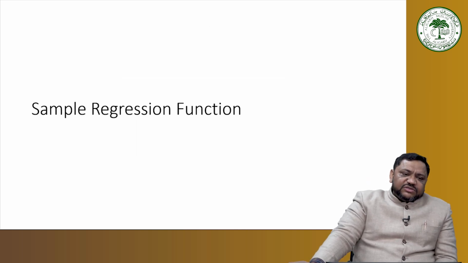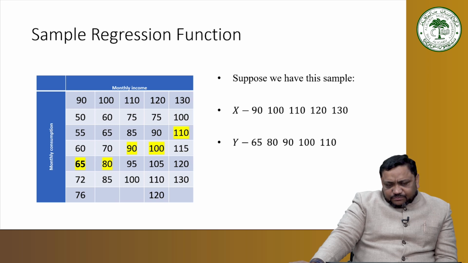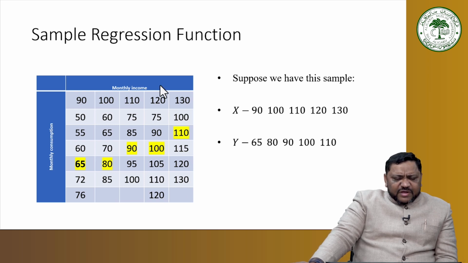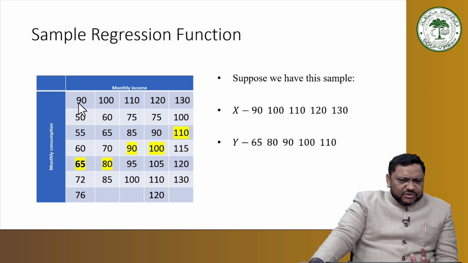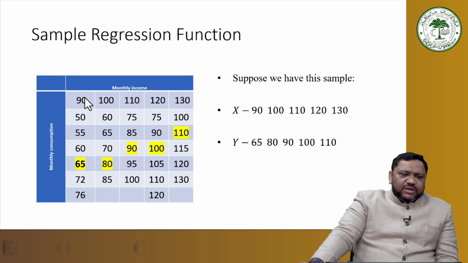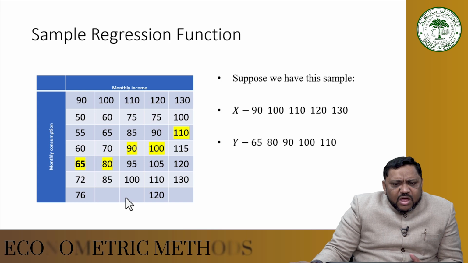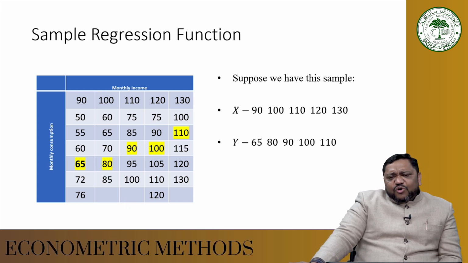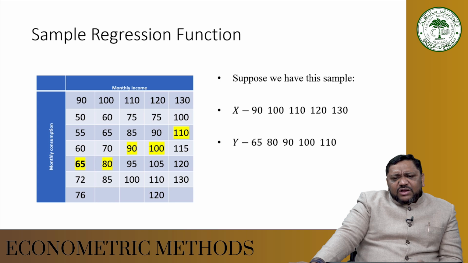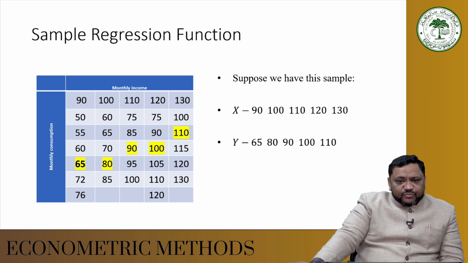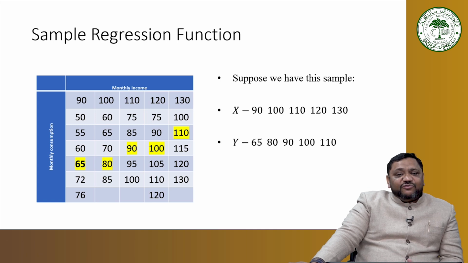Now we move on to the sample regression function. We have the same income groups and the same data over here, that is, the consumption for the monthly income of 90, the monthly income of 100 and the associated values. But most of the time, what we have is only a few sample Y values corresponding to some fixed values of X. So we have to estimate the population regression function based on the sample we have.